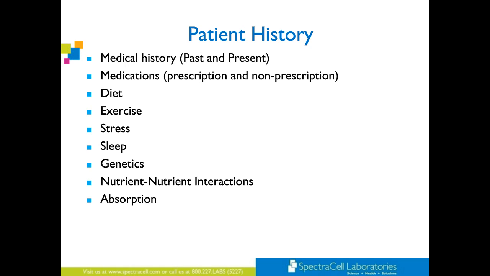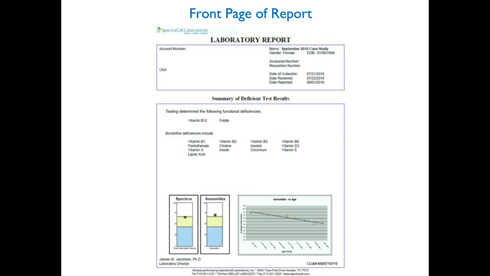When we are looking at the exam, you will see that we have functional deficiencies and then we have borderline deficiencies. As I've mentioned to all of you in the past, if you've had me for a consult or talked to the other consultants, you want to treat the borderline deficiencies like the functional deficiencies because of the time frame that we look at for retesting, which is 6 months.